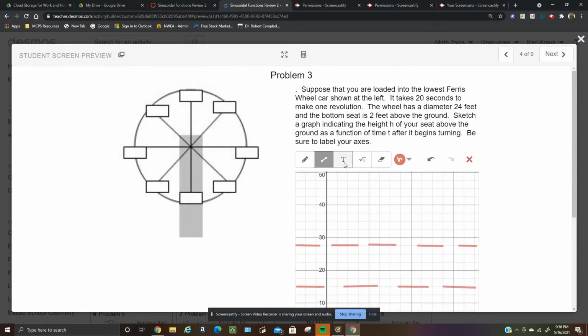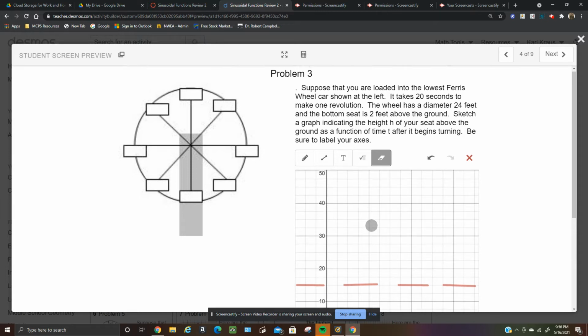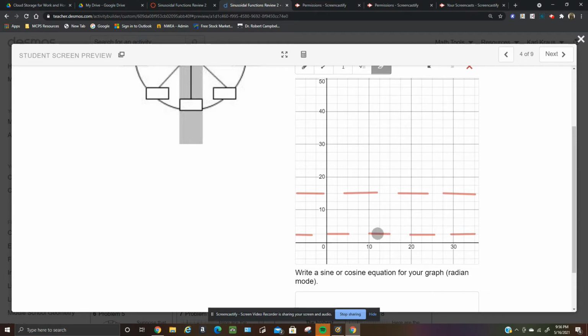So this line here is, whoops, it's in the wrong place. Let me erase it. 2, 4, 6, 8. That's not a scale 2 here.